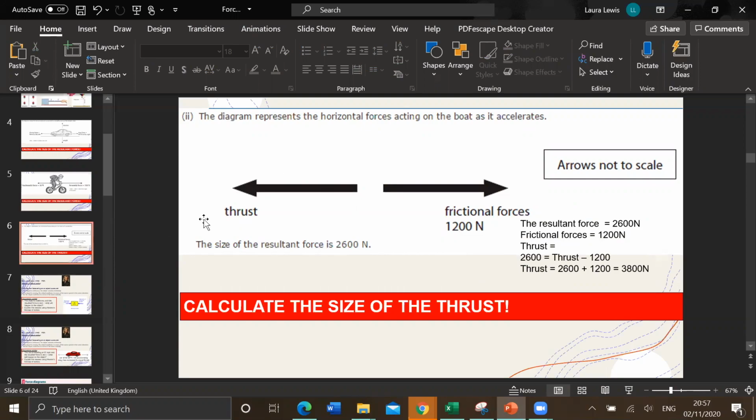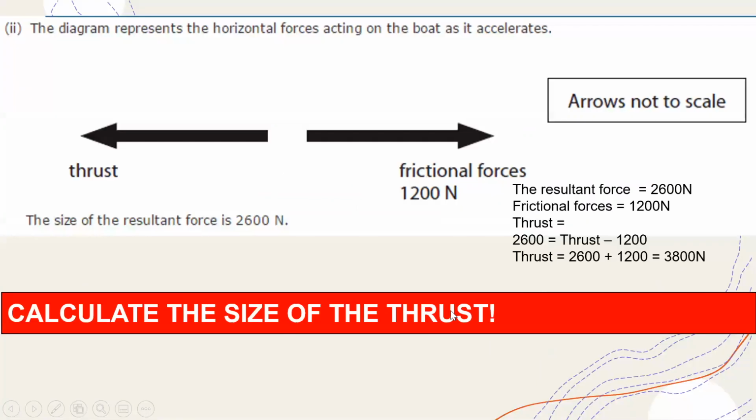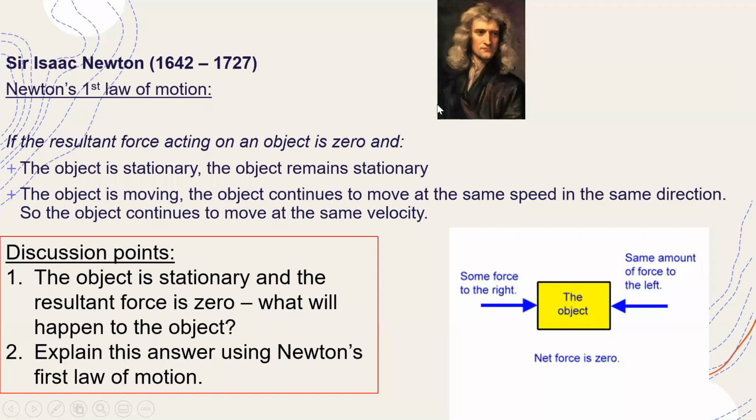So let's present on a bigger screen again now. We can look at more detail and describe it very formally, but this is Newton's first law of motion. If the resultant force acting on an object is zero, so far we've calculated the resultant force to be a number, haven't we? But the resultant force can also be zero. So if the resultant force equals zero, there are two scenarios that could be occurring.